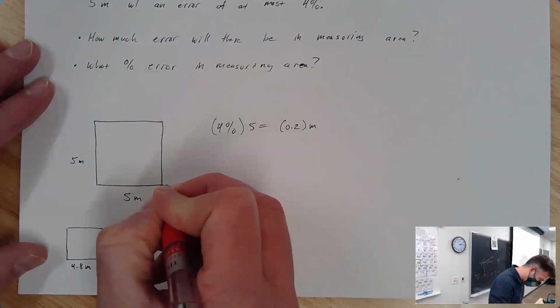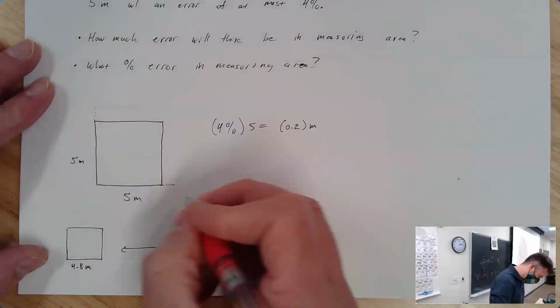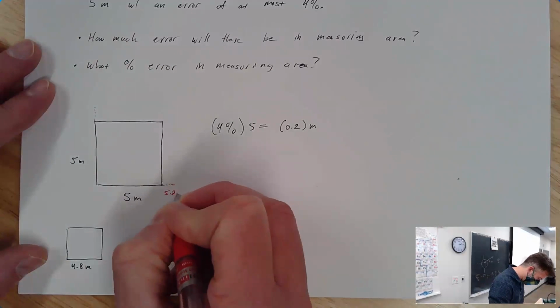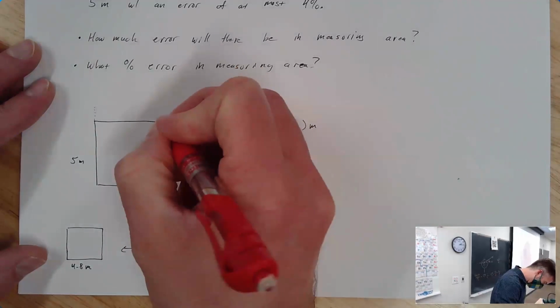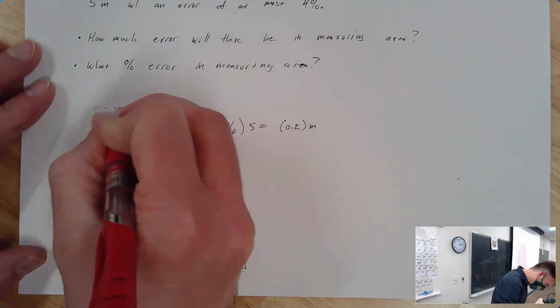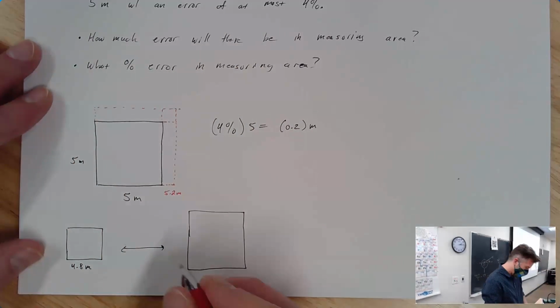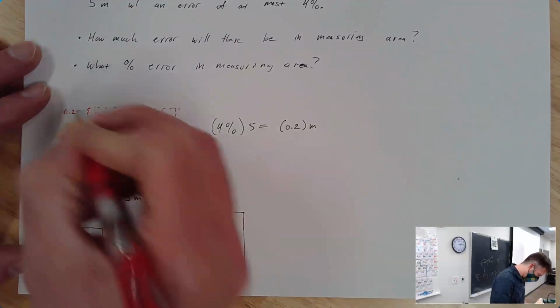If I increase the edge by 4% to be 5.2 meters, well, the amount I'm increasing it by is 0.2 meters.